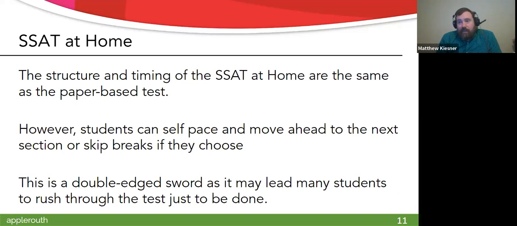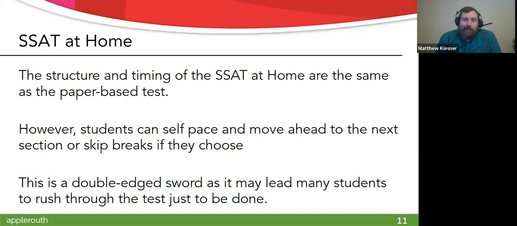So this is definitely a double-edged sword. Yes, a student who is a fast test taker can finish quicker and be done with it, but I've seen students not have the maturity to self-evaluate. I had one student, a fifth grader, who took the at-home test and finished in 40 minutes, and the test is about 3 hours.